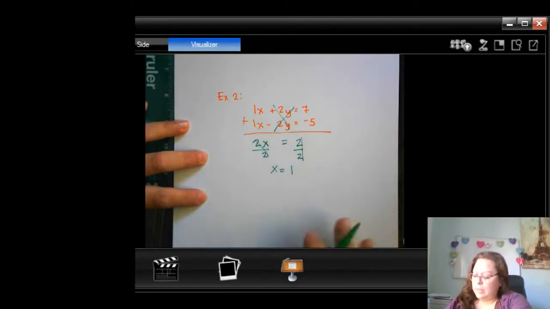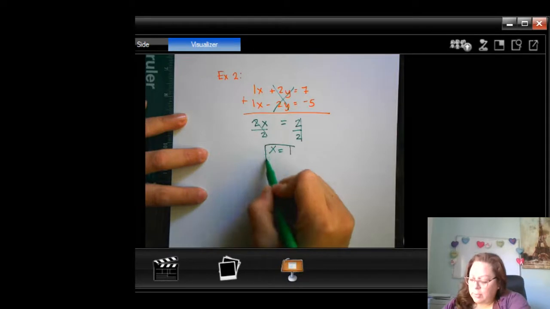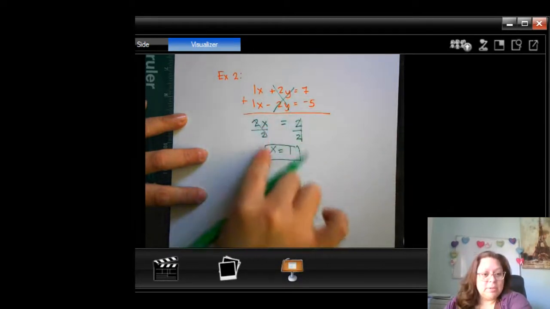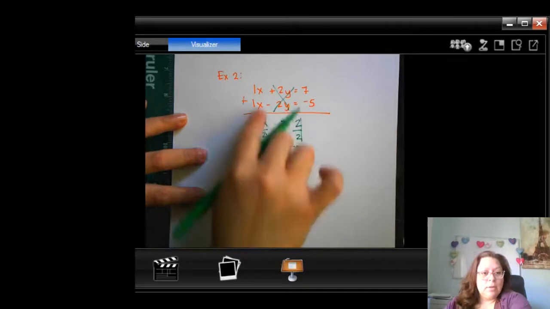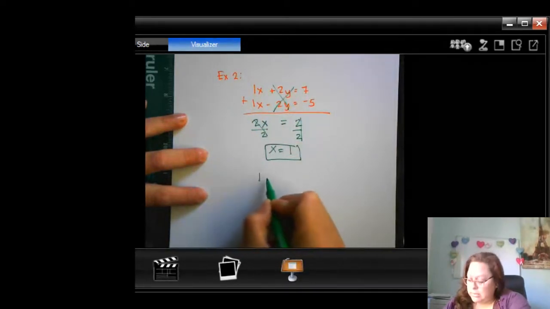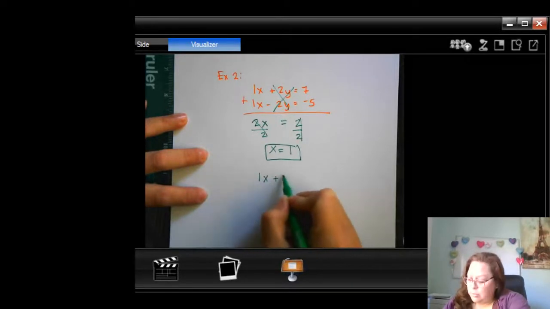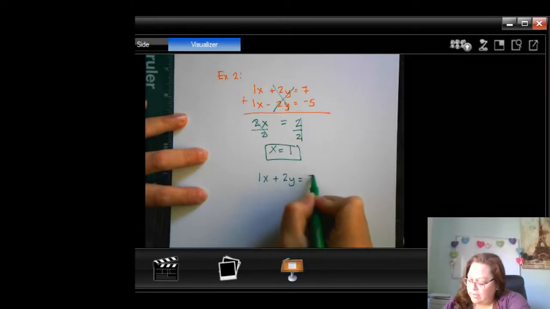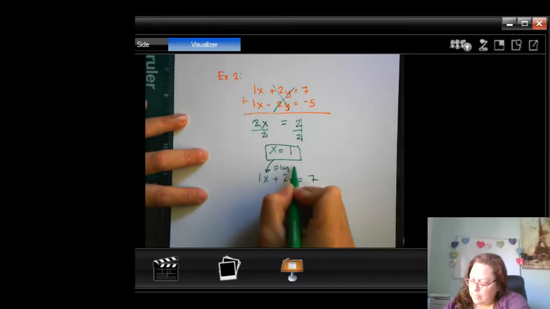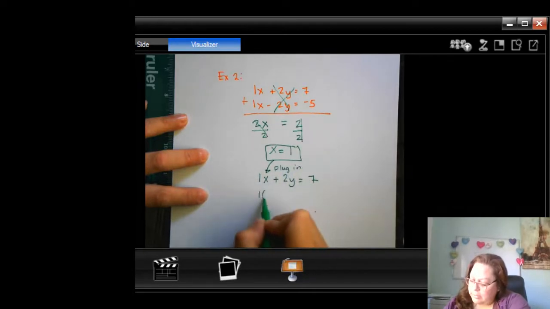Now that we found x equals 1, again, pick an equation to substitute the x into. I'm going to use the top one. I have 1x plus 2y equals 7. Plug that in there. And now I get 1 times 1 plus 2y equals 7.